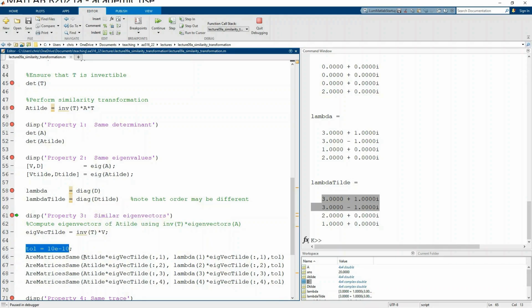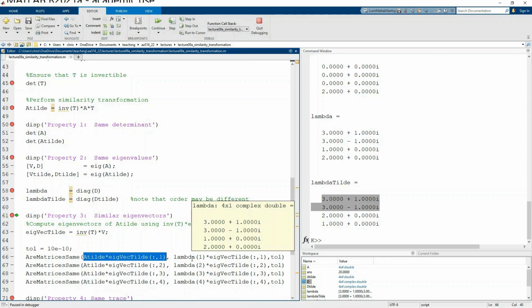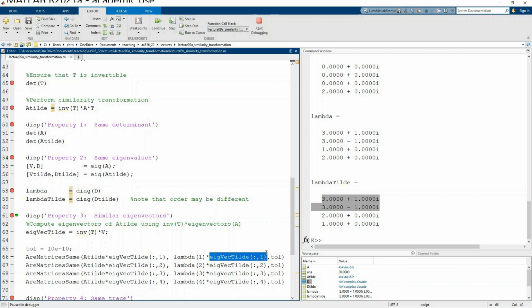What I'm doing here is checking that A times eigenvector 1, or what I think the eigenvector should be using this equation, should be equal to the eigenvalue of A tilde, which is the exact same thing we just showed as the eigenvalue of A, multiplied by this eigenvector of A tilde.